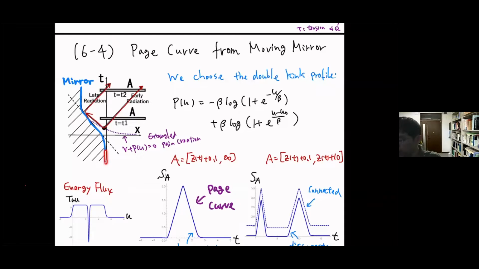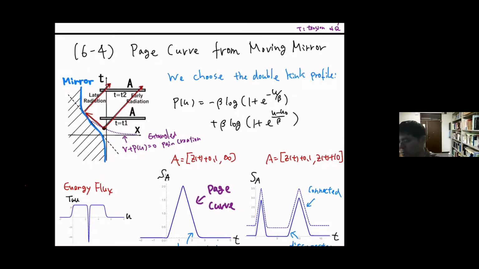So we initially accelerate, and previously I just talked about this kind of profile, accelerating toward the velocity of light, just goes to the velocity of light. But at some point it goes down again, slows down and just goes to static. This is a double kink, this kind of double kink profile.